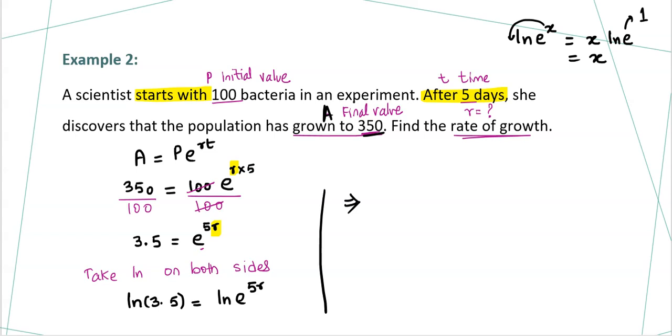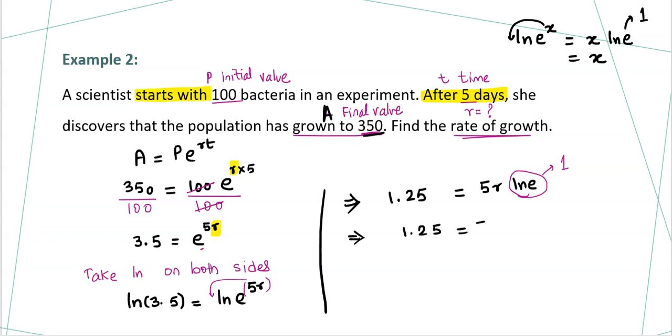On the left hand side, you can find the value of ln of 3.5, that will be 1.25. This is equal to 5r times ln of e, because you took the exponent as a multiplication by using the properties of ln. And we know that the value of ln of e is 1.